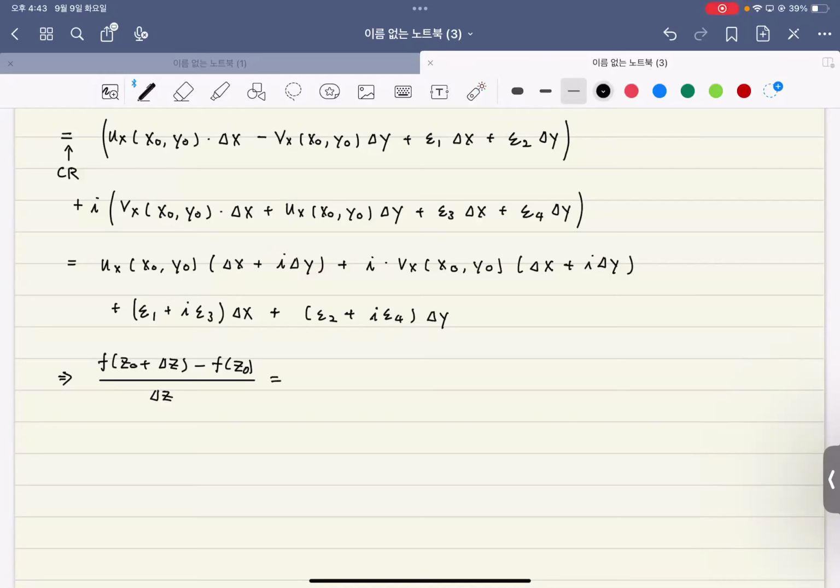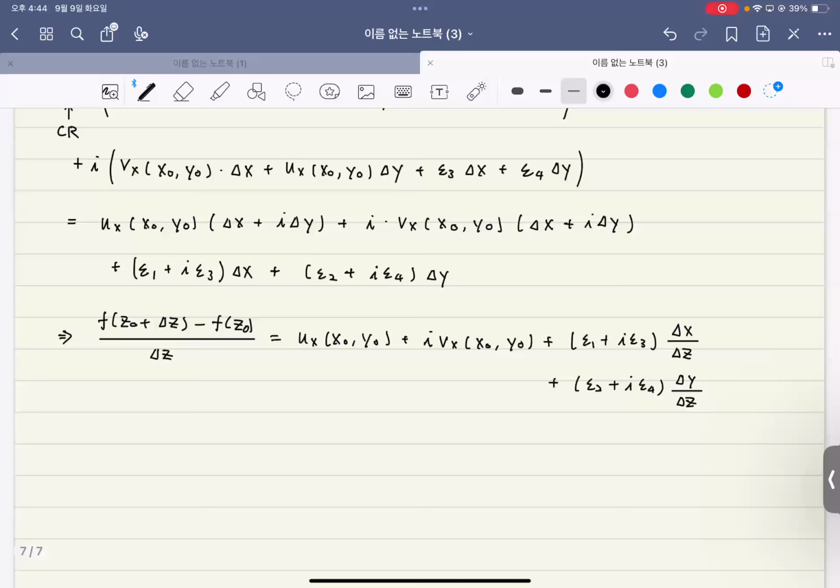So this is just u_x(x0, y0) plus I times v_x(x0, y0), since this factor cancels with the denominator, plus (epsilon 1 plus I times epsilon 3) times delta x over delta z, plus (epsilon 2 plus I times epsilon 4) times delta y over delta z. Great.